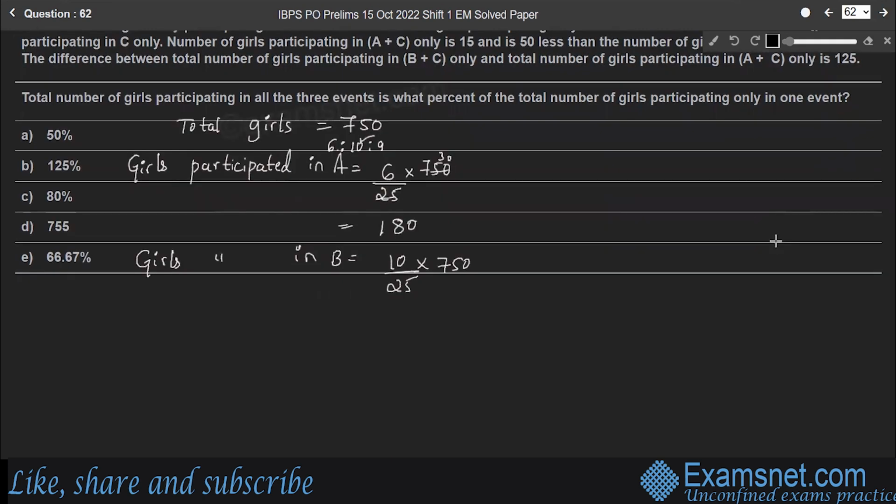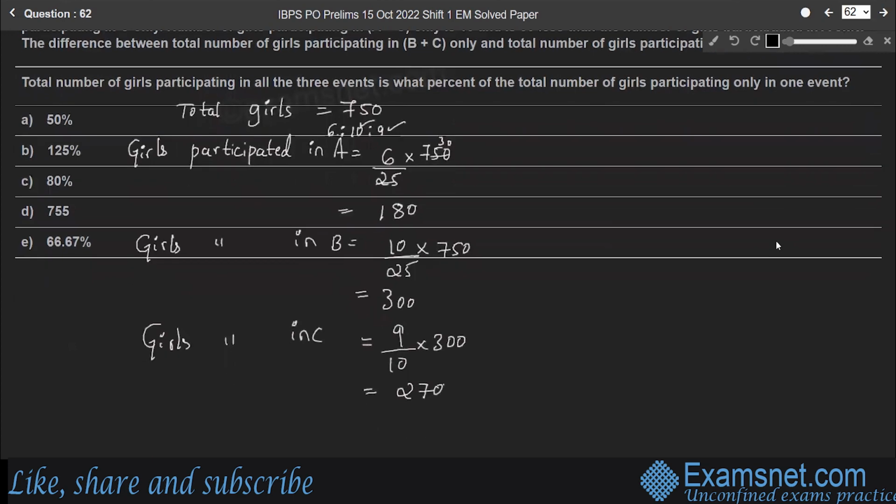Therefore, 300 girls participated in event B and girls who participated in event C. So out of 10, from the ratio 9 girls participated in event C, therefore for 300, so 270 girls participated in event C.